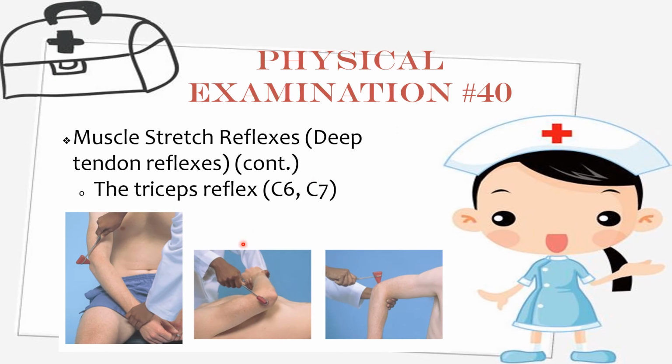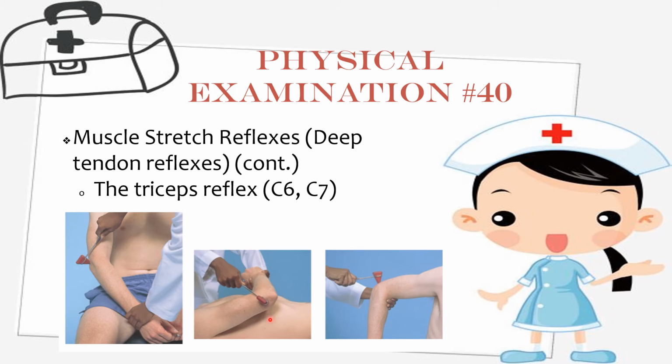Okay, to test for the triceps reflex for C6 and C7, the patient may be sitting or supine. You can flex the patient's arm at the elbow with palm toward the body and pull it slightly across the chest, as you can see in this image.